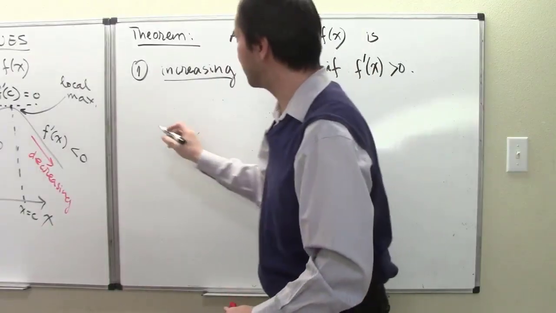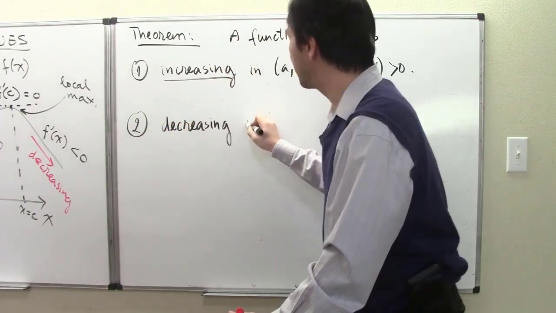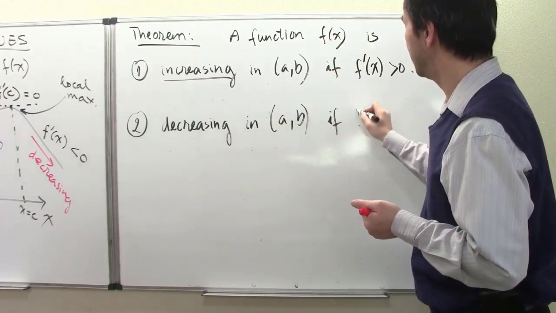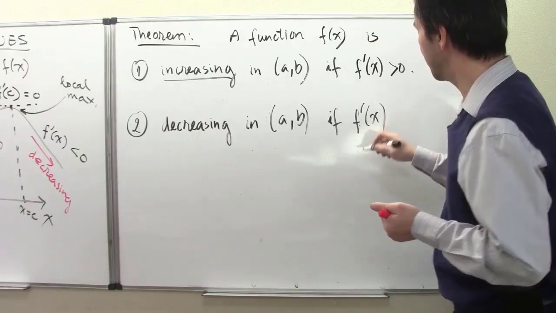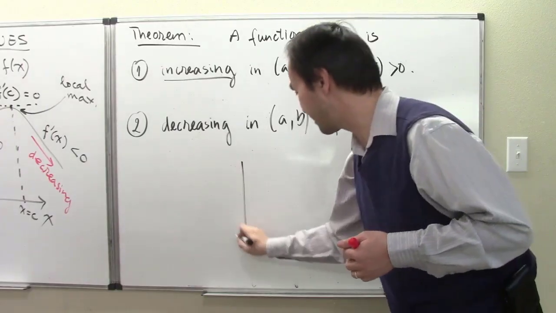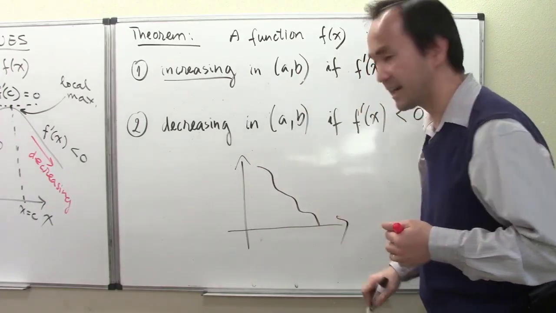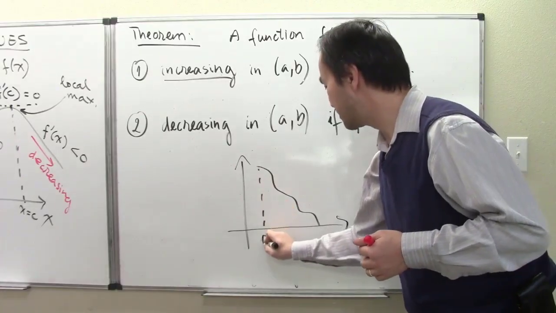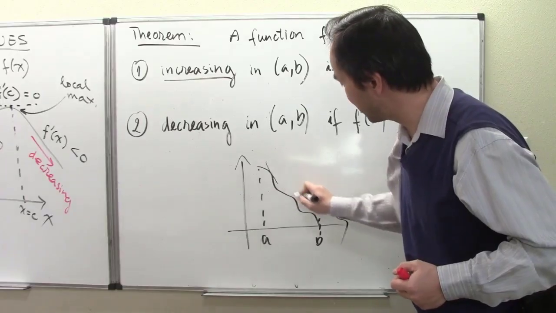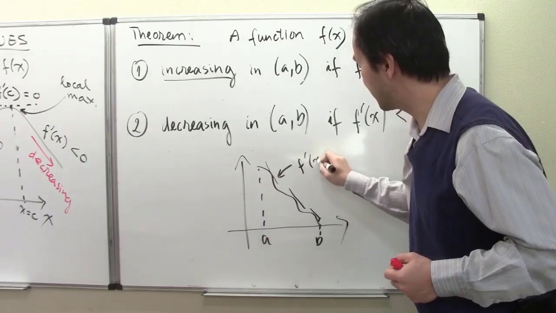And similarly, we can have a function that is decreasing in some given interval from a to b if the derivative is found to be negative or proven to be negative. The picture is similar again. See, it can go like that. Okay, there's an interval between a and b. Anywhere that you place a tangent line here, it's going to be a negative slope tangent line.